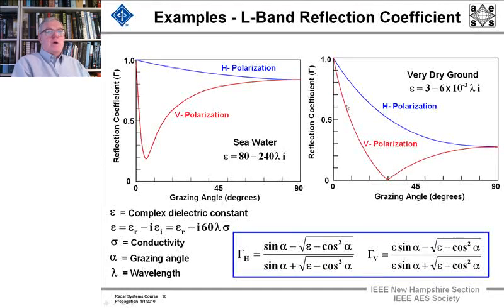Over here on dry land, where you have a much lower real part of the dielectric constant and a very small imaginary part, notice these imaginary parts depend on wavelength, the reflection drops down pretty quickly with horizontal polarization, and notice how it drops off very, very much with vertical polarization.